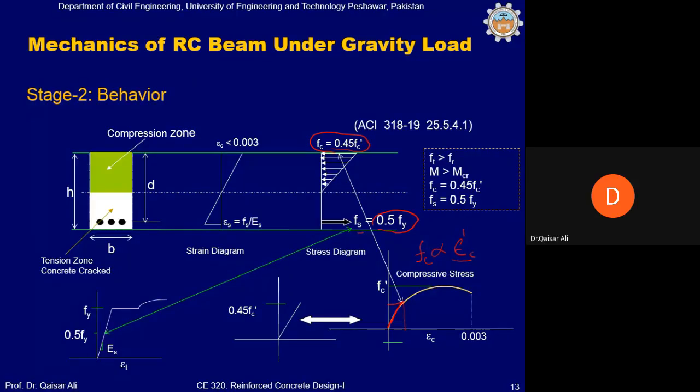We know that up to yield strain or yield strength, the steel stress and strains are proportional. So steel is in the linear elastic range, and corresponding to this stage number 2, let's assume that the stress in steel is equal to 0.5 fy.